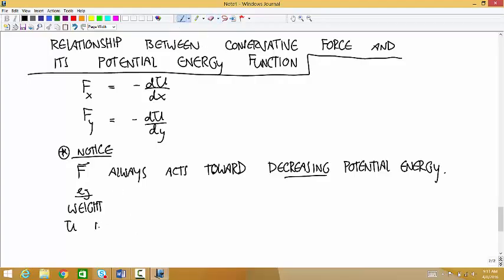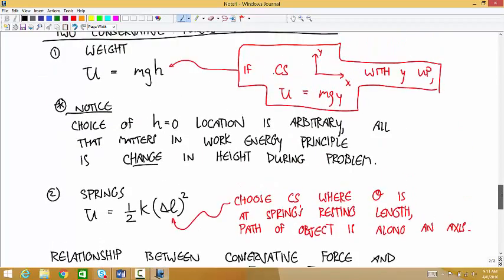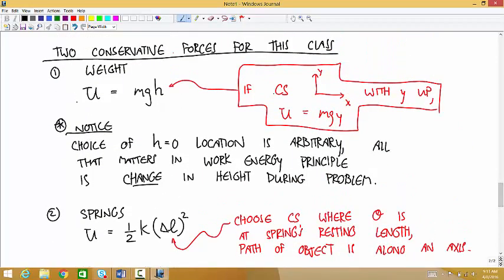So U increases as the height increases, yep.